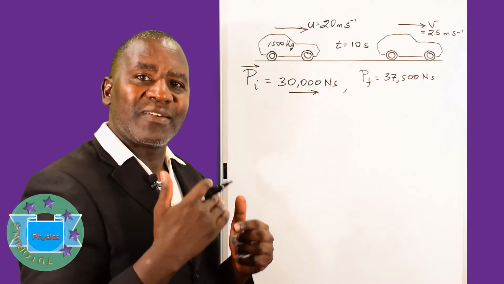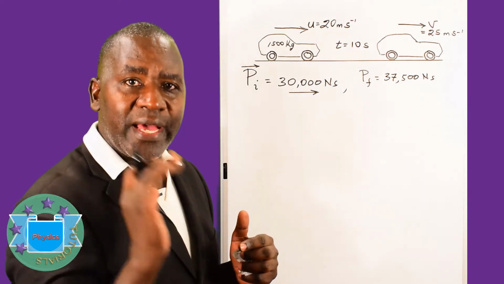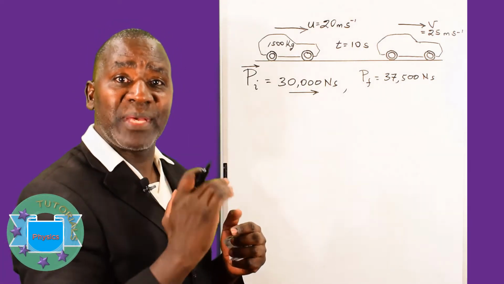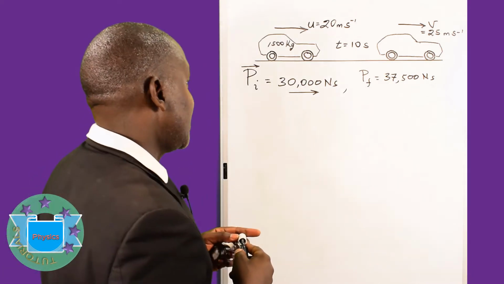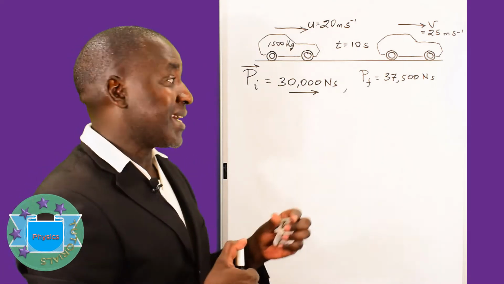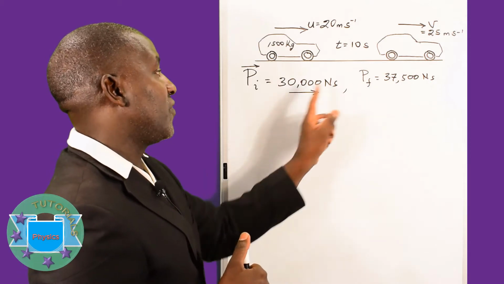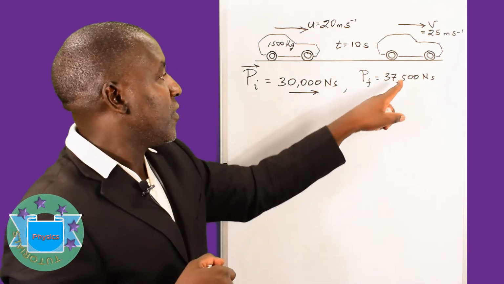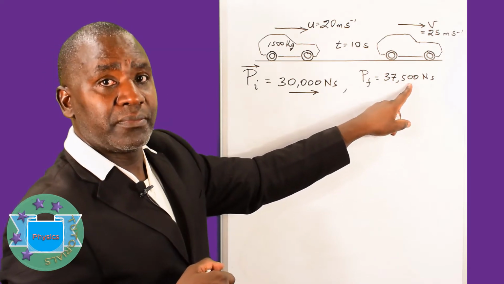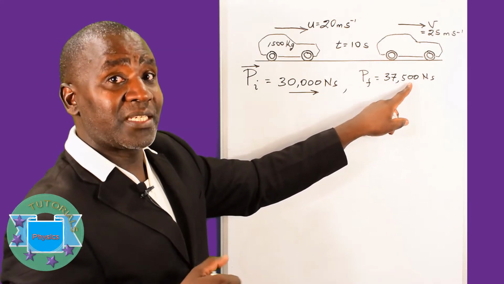Change in momentum is a vector. I'll ask you, what is the direction of that change in momentum? Of course, in a simple situation like this, you should always know that the change in momentum of this system is in the direction of the final momentum.